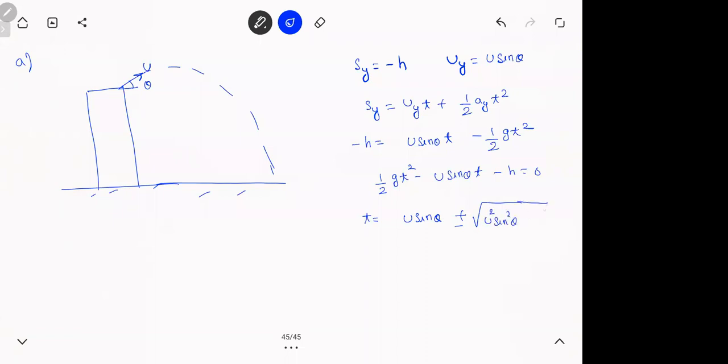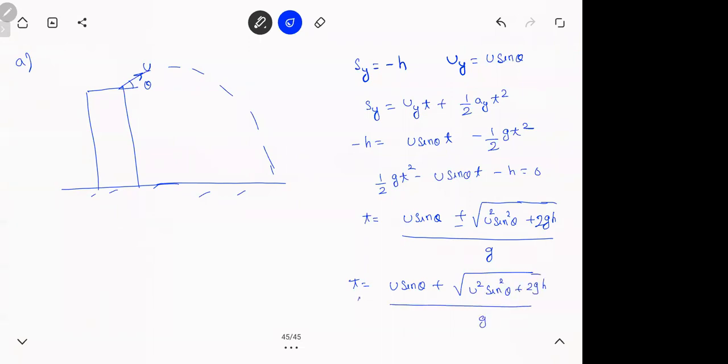You guys need to write it and check, okay? I'm just skipping steps and writing here. 2gh by g. We neglect the negative root. So this is the time of flight for A.